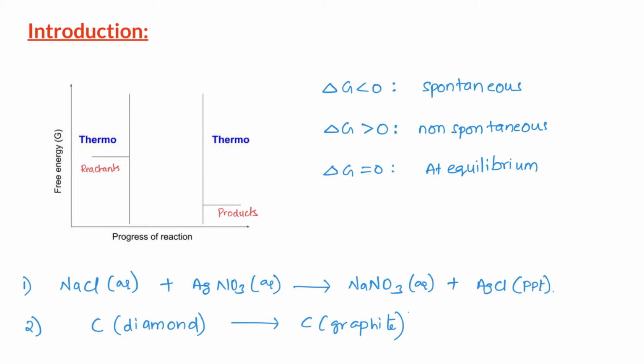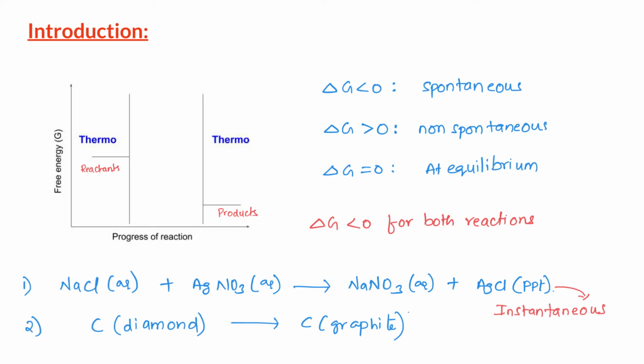And the second reaction we have is carbon in the form of diamond changing to carbon graphite. For both these reactions, the delta G is less than 0. That is, they are both spontaneous. Reaction 1 is an instantaneous reaction.